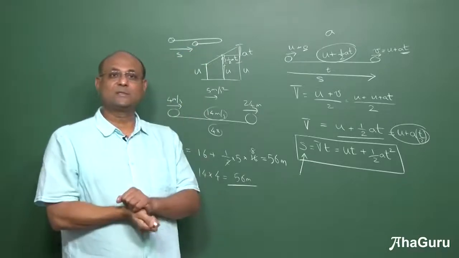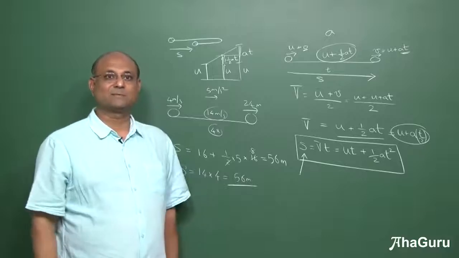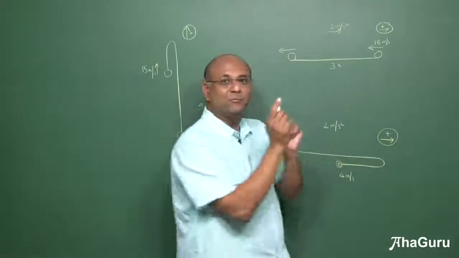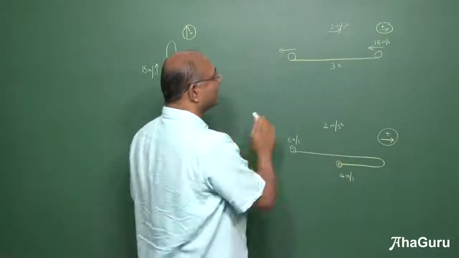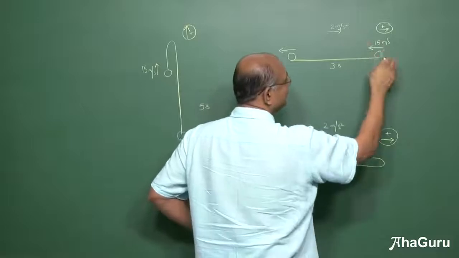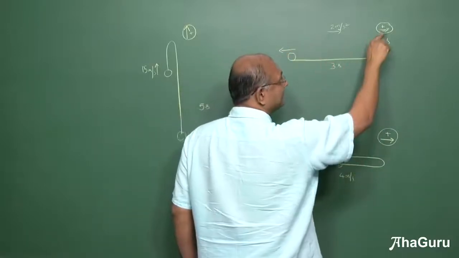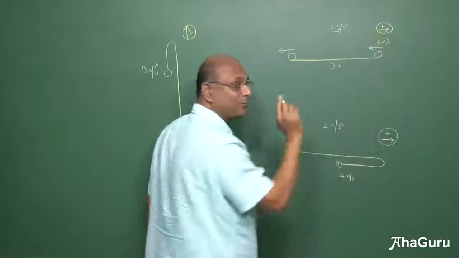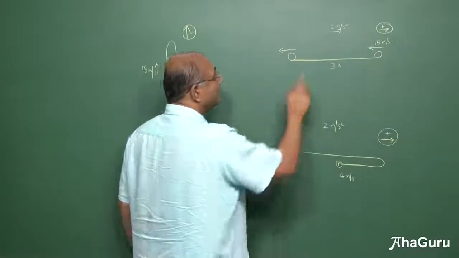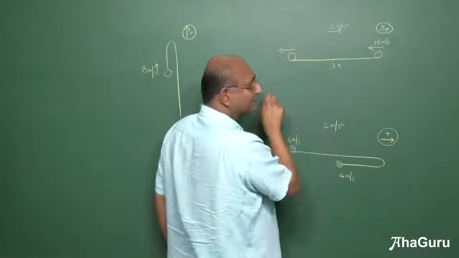Okay, let us use this by trying out a couple of questions. So now we have a few questions here. Let us look at this one. This object is moving like this, starting here and ending there. It starts with 15 meters per second, but we have been told to take that as the positive direction. And the acceleration is pointing in that direction.